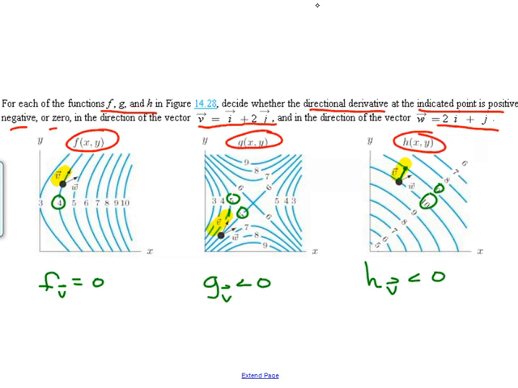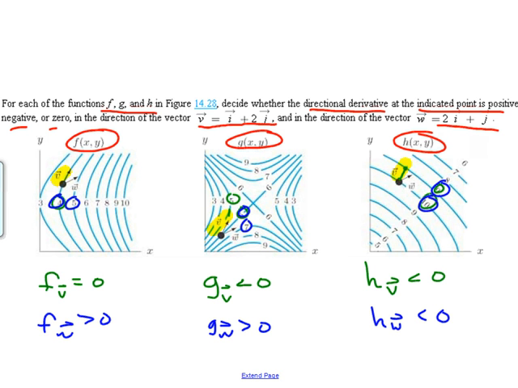What about my w's? Here we're at 4, heading towards 5, so that's greater than 0. In this one, we were at 6 and we're heading towards 7, also greater than 0. And in this last one, the change in h in the direction of w, we were at 10 heading towards 9, also less than 0.